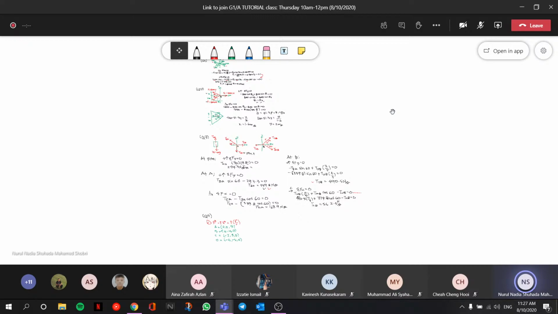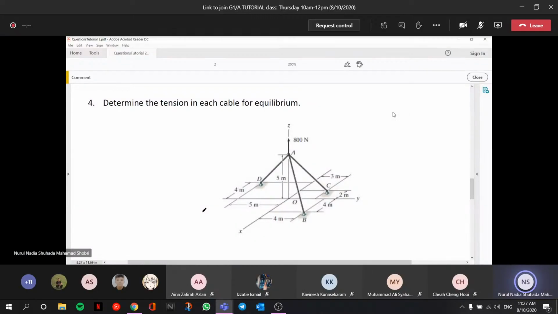So for questions number 4, the question wants us to find the tension in each cable for equilibrium.